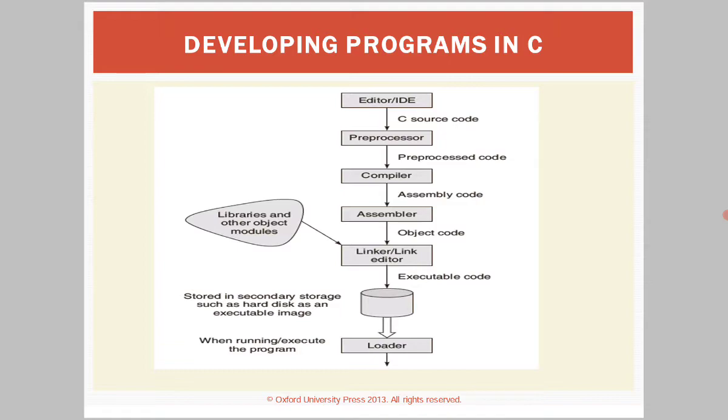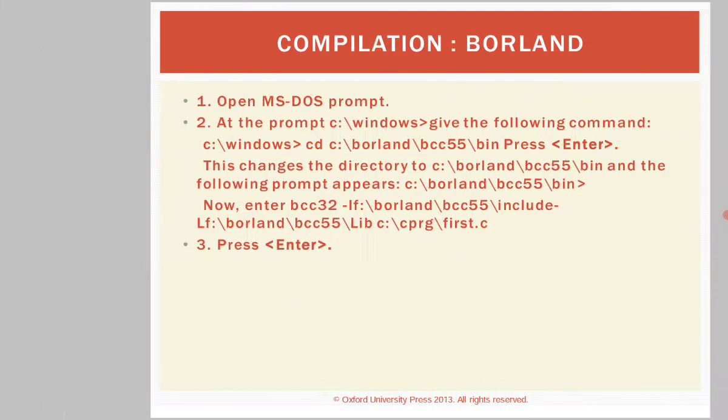The executable or exe file is generally stored in our computer's secondary storage or hard disk. Then the loader, another application file, is used to execute or run the program. So this is the step-by-step manner of how to compile, run and execute C programs.